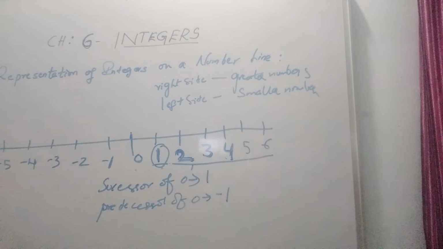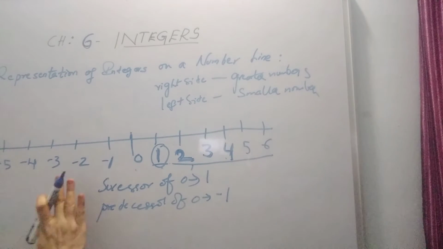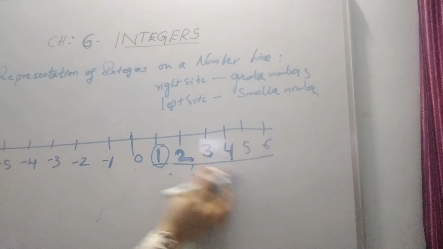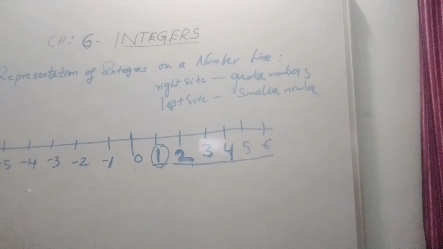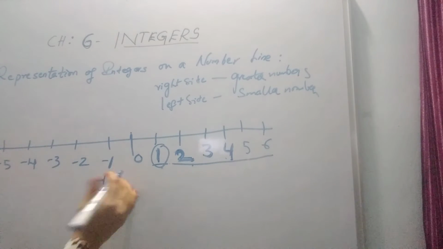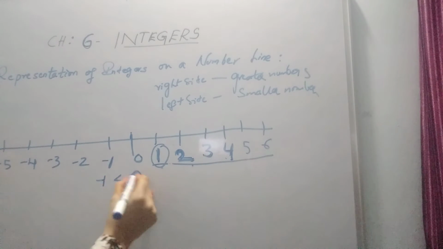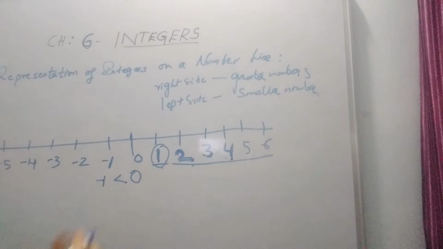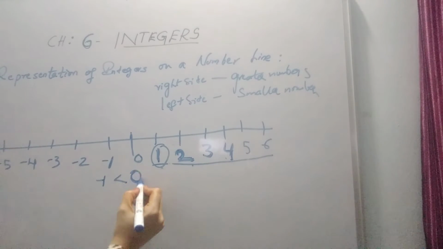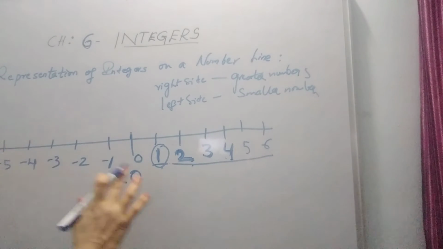Okay. Next, coming to our point, how can you know which number is bigger and which number is smaller? Here -1 is smaller than 0 because -1 comes left side of 0.